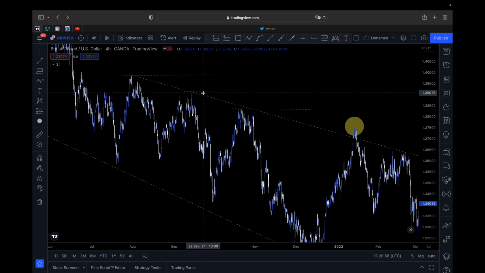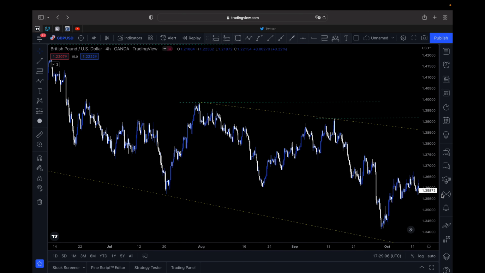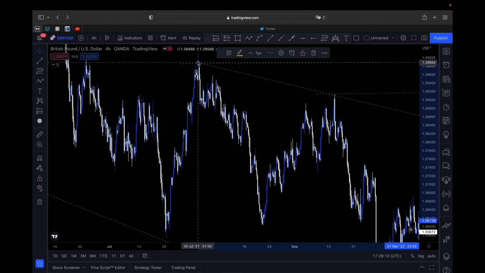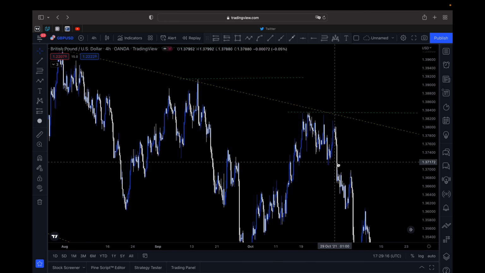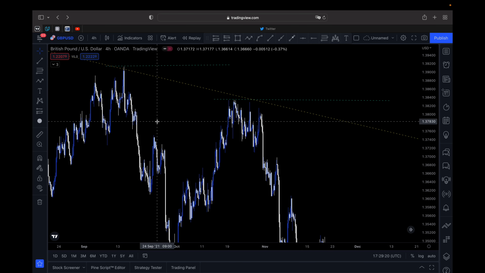I'm looking for a sell entry, having in mind that when price hits this particular place, it fell, price rejected and continued the downward movement.